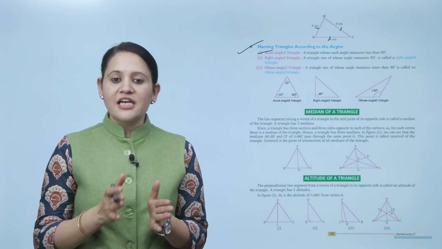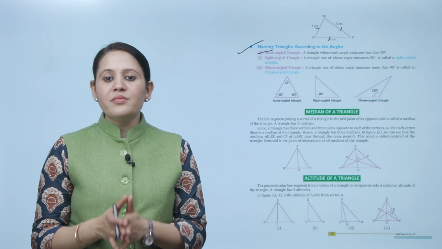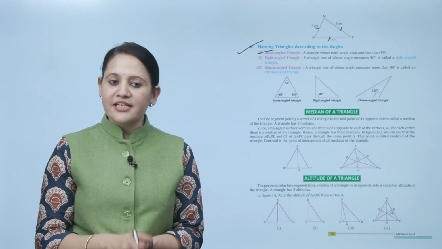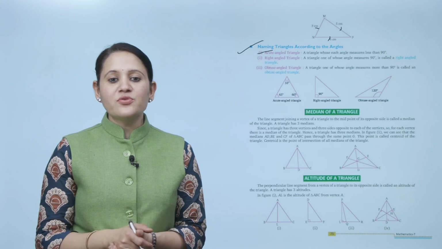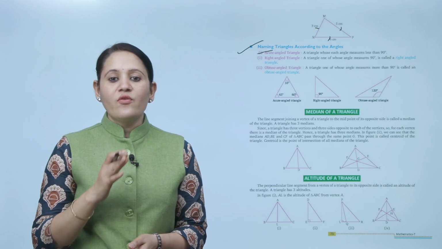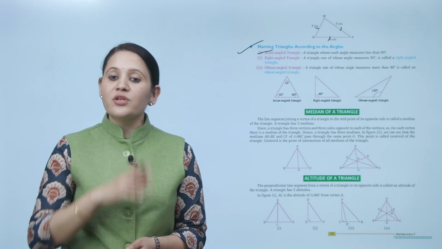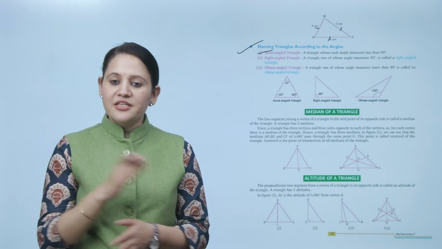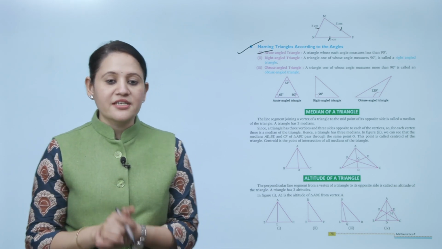Right angle triangle, the triangle in which one of the angles measures 90 degrees, means कोई भी एक angle 90 degree का होगा, that is called a right angle triangle. Next is the obtuse angle triangle. A triangle in which one of the angles measures more than 90 degrees, means one angle will be obtuse, the others will be acute, is called an obtuse angle triangle.